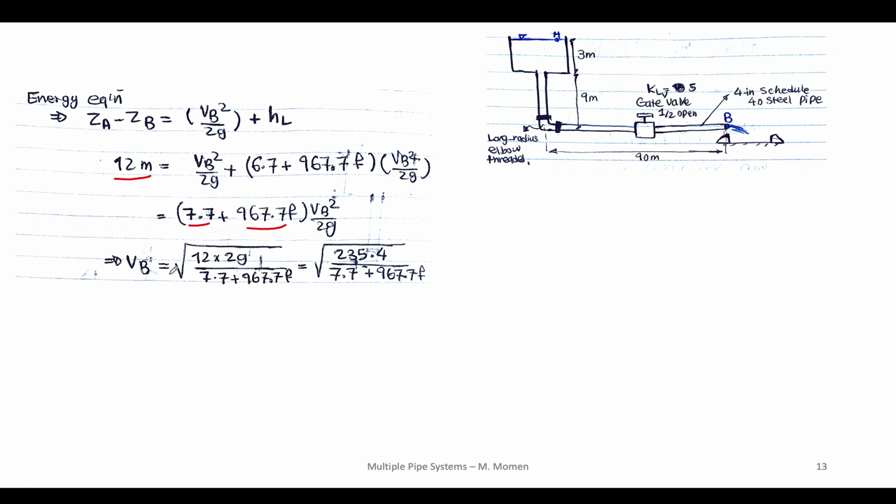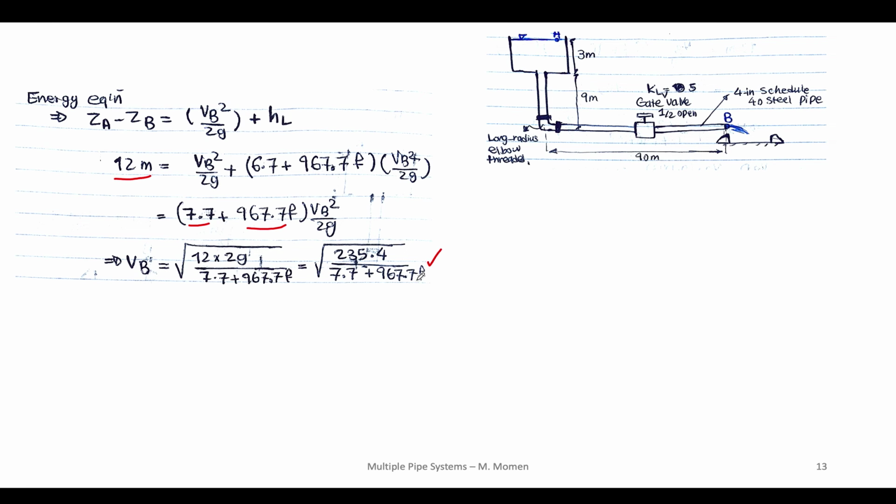So VB equals just the square root of this expression here. So I just write G as 9.81 and calculate this, and it's going to be 235.4. So this is going to be one relation which relates VB to F, the friction factor.